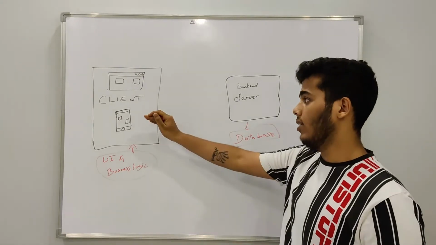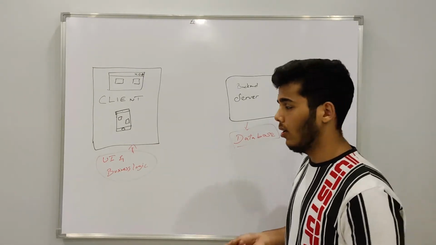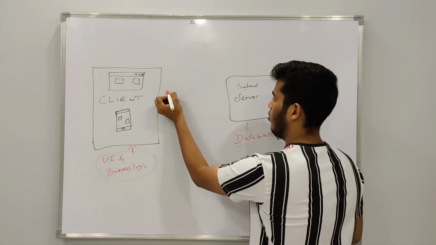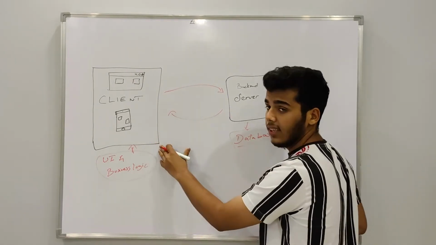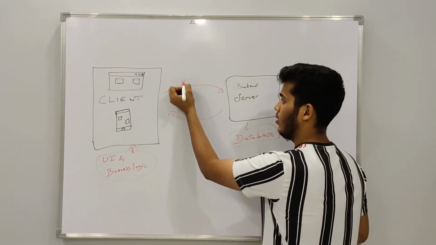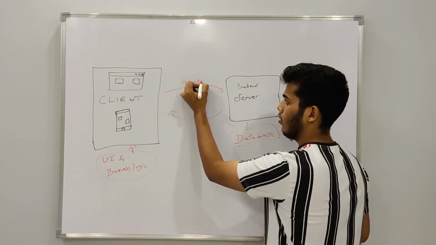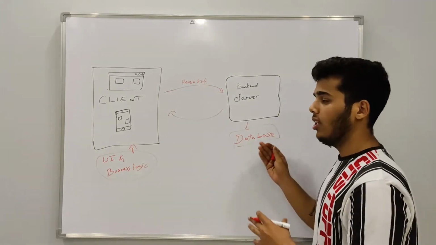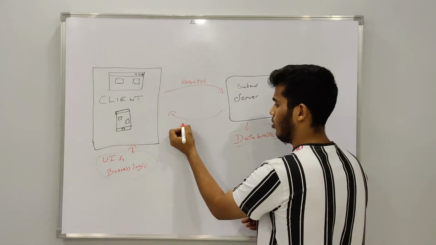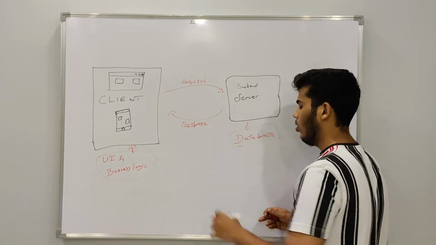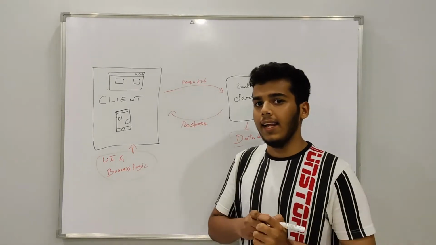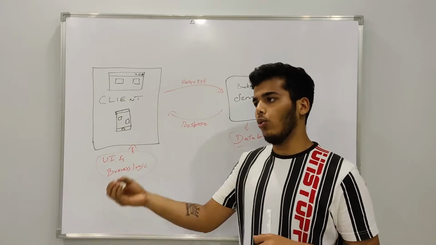So how does the exchange of data take place here? We use this request-response model, where the client sends the server a request, and in turn the server sends the client a response for that particular request. Okay, now let's say we are adding an item to our to-do list.